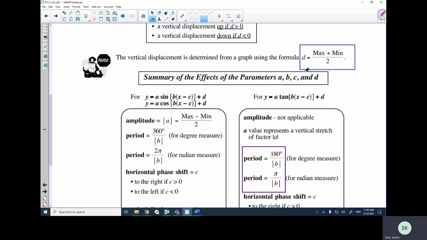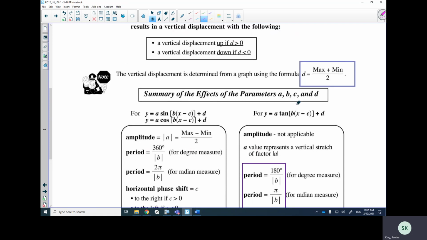Does anybody remember what A is? If D is max plus min, Kelly, what would A be? That's the exact same thing as this, max plus min divided by 2. What would A be? It's not max plus min. A is the max minus the min divided by 2.